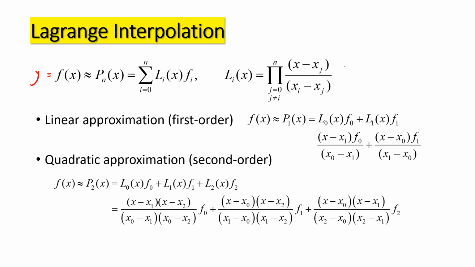Meaning if j equals i, you have a division by 0. If j equals i, then xi minus xj is 0 and you divide by 0. That's why the denominator is like that, and you observe in the formula, the numerator is x minus xj.